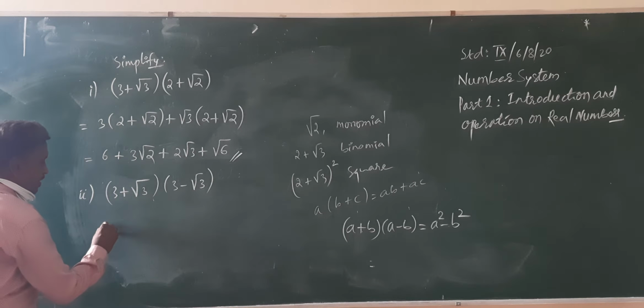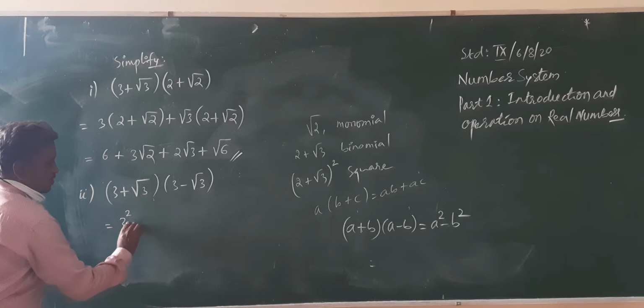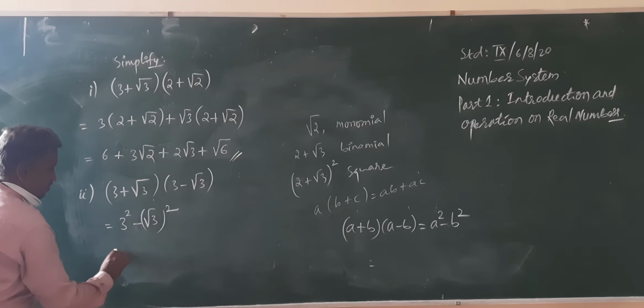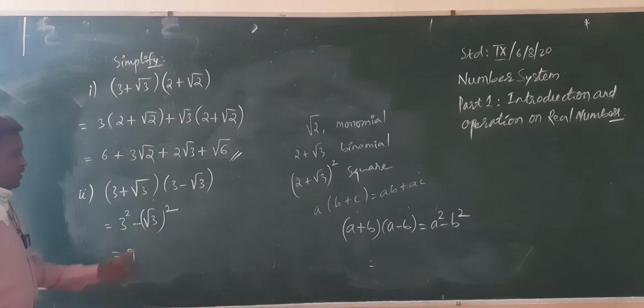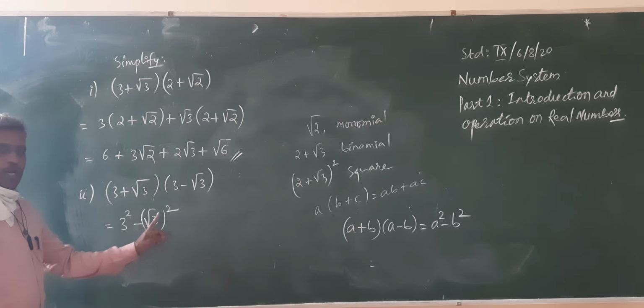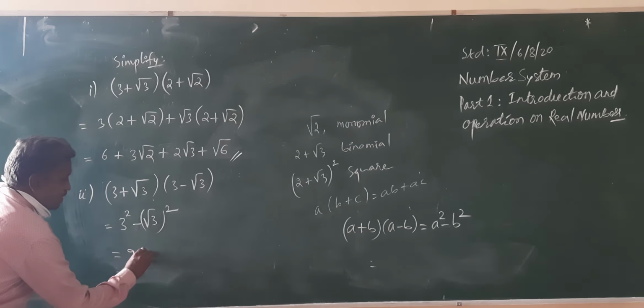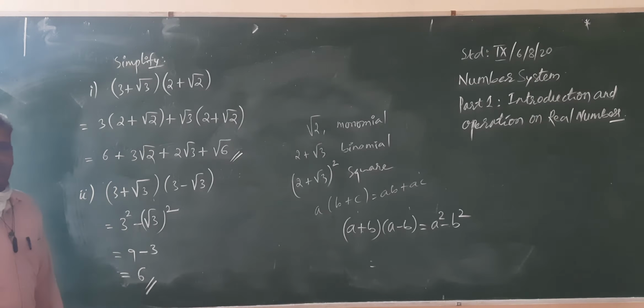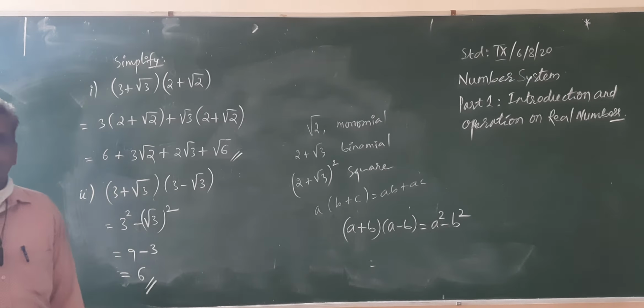That law is applied. 3 square minus root 3 bracket square. 3 square is 9. Root 3 bracket square, the root and square get cancelled, is 3. So 9 minus 3 equals 6. That is your answer. In this way, I am going to apply the rule.